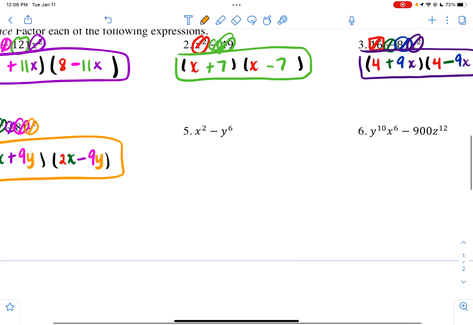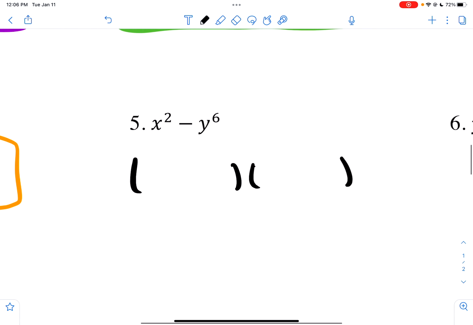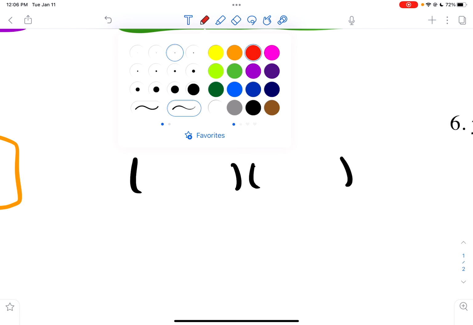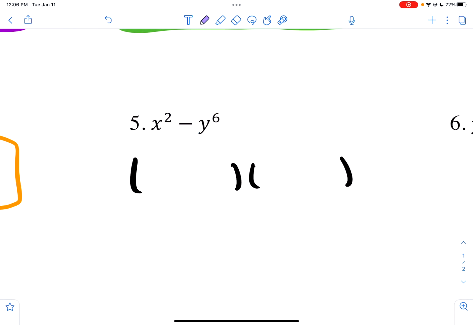Now, when I get to an example like number 5, where I have x squared minus y to the 6th, that gets a little tricky. So here's what Miss Townsend and I recommend whenever you're dealing with variables. Just divide the exponent by 2. What is 2 divided by 2? 1.